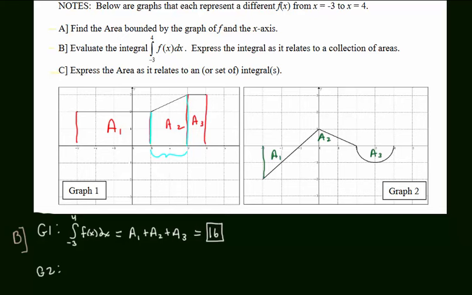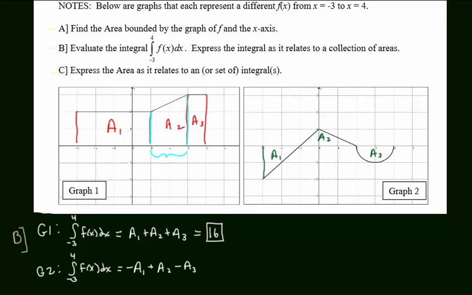Now let's take a look at graph 2. Here, the integral from -3 to 4 of f of x dx will equal, see, the area is positive, but it's below the x-axis, so we want the opposite of A1, and then the second area is above, so plus A2, and then the third area is below, so again back to minus A3.